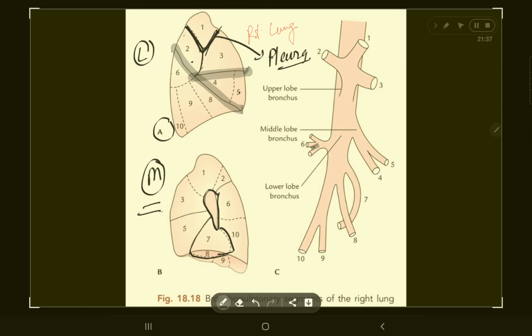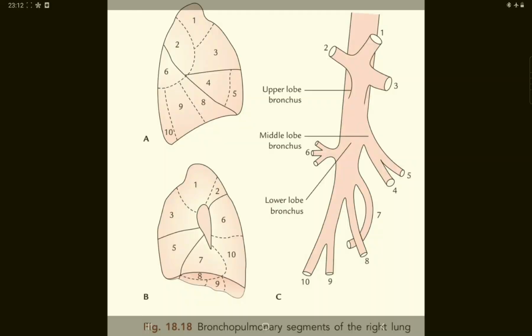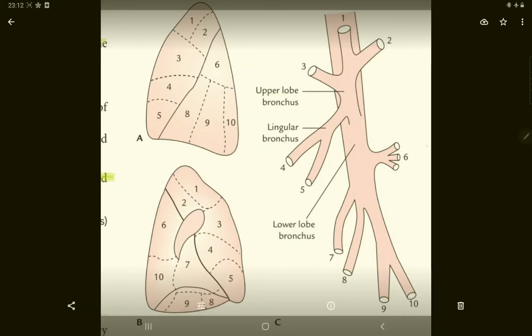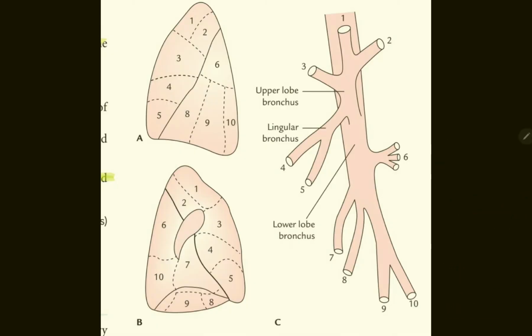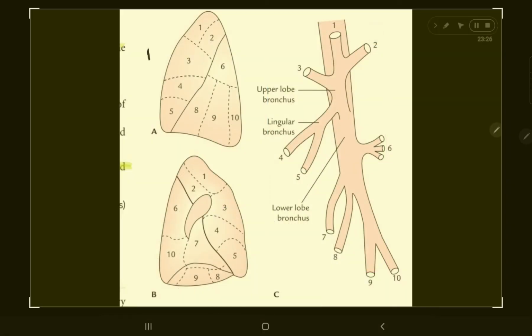So I'm going to draw this image now. Before drawing, I also want to describe the left one. Same thing for the left. Here you can see this is the lateral view and this is the medial view, because here is the root of the lung.